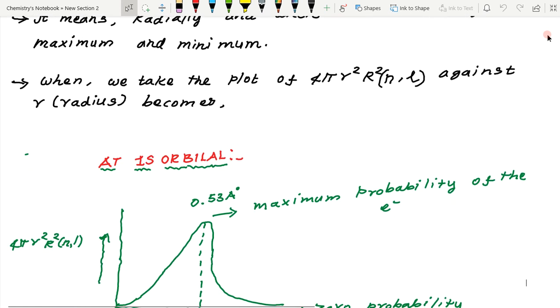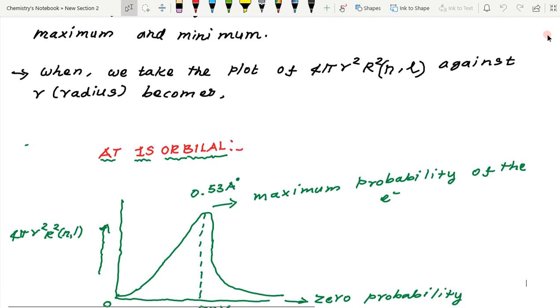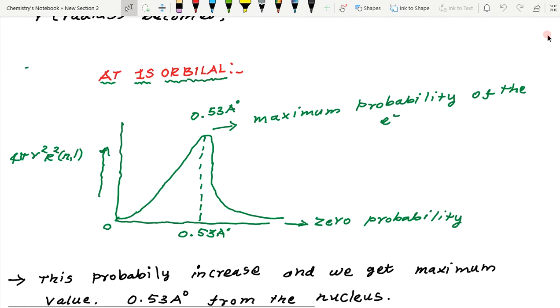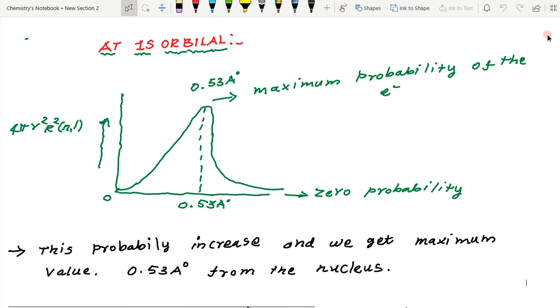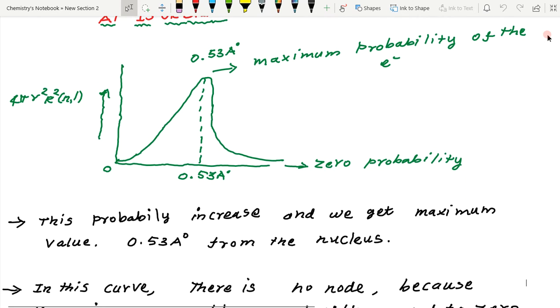Next, when we plot 4 pi r square capital R square n l against the radius r, it becomes the diagram for the 1s orbital. See the diagram. At the minimum, at 0, the probability of the electron is 0.